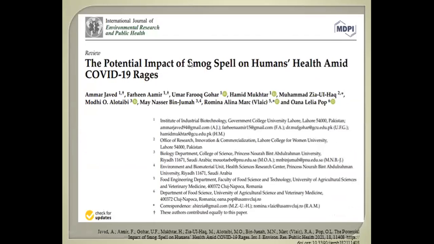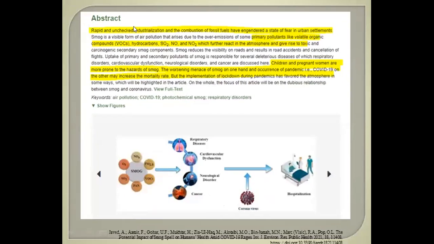The potential impact of smog on human health amid the COVID-19 era is another paper that is published, and this shows that rapid and unchecked industrialization and the combustion of fossil fuel have endangered urban settlements. Primary pollutants like volatile organic compounds, hydrocarbons, oxides of nitrogen and sulfur further react in the atmosphere, giving rise to toxic and carcinogenic secondary smog components.